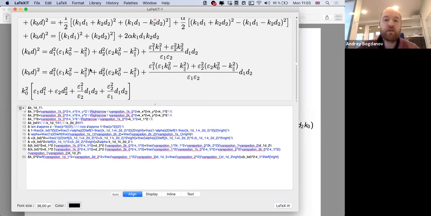So, let me collect all the terms before k parallel. Here is minus, minus, minus, minus, but I will put all to the left part, okay? Here just d1 square plus d2 square. And here epsilon 1, epsilon 2, so it's just a ratio plus fraction.